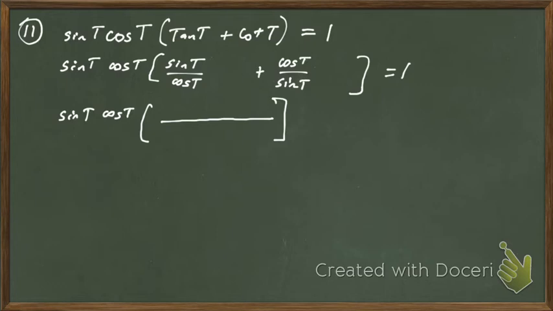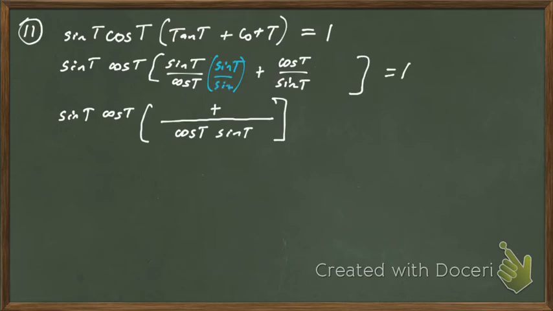I left a little space so I could get a common denominator between cosine and sine. It would be 1 times the other, so it's cosine times sine. What does the first one need that it doesn't have in the denominator? It has a cosine. It needs both of these. So it needs a sine.